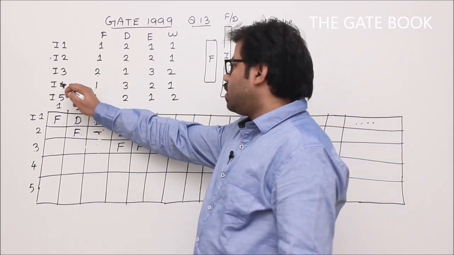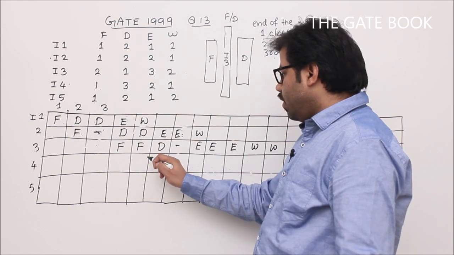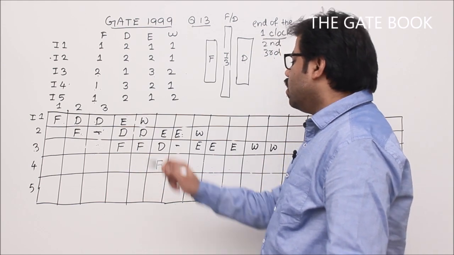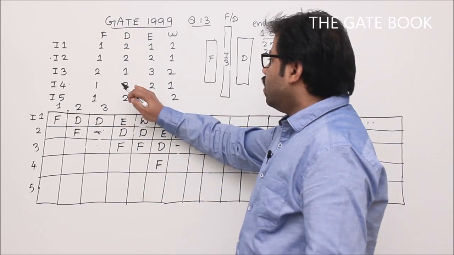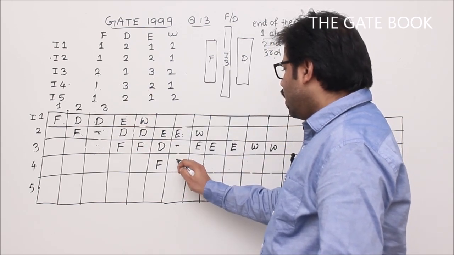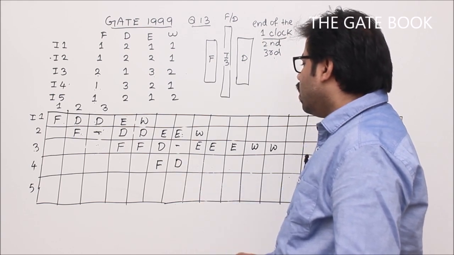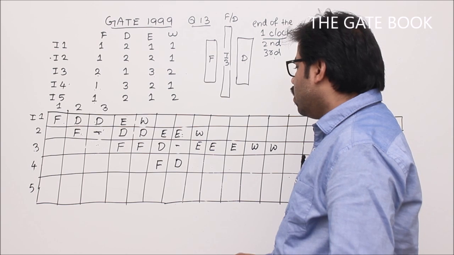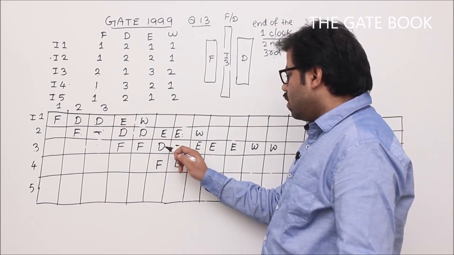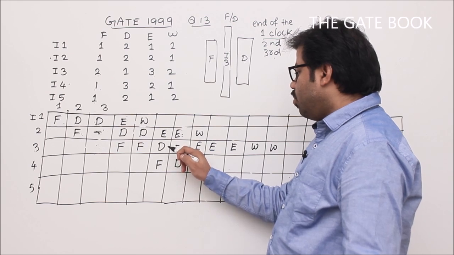Now comes the fourth instruction. Fetching takes 1 unit. We can't fetch here, we can't fetch here, we can fetch here, right? After that, decoding takes 3 units. We can decode here, right? If you decode here, what happens? Here you are going to execute this one, then you will be unnecessarily replacing this place.